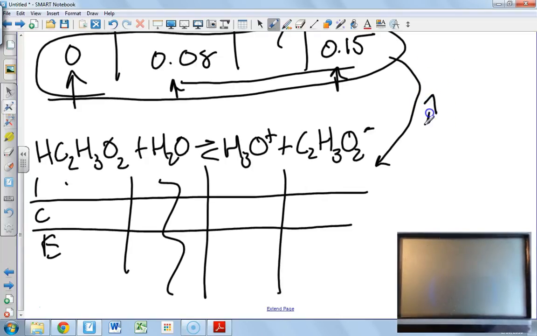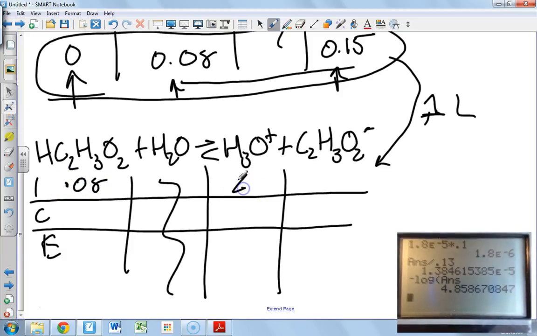So remember, there's 1 liter of solution. So again, that makes our math a little easier. So 0.08 divided by 1 is 0.08. This is 0, and this is 0.15, because 0.15 moles divided by 1 liter gives us 0.15 molar.